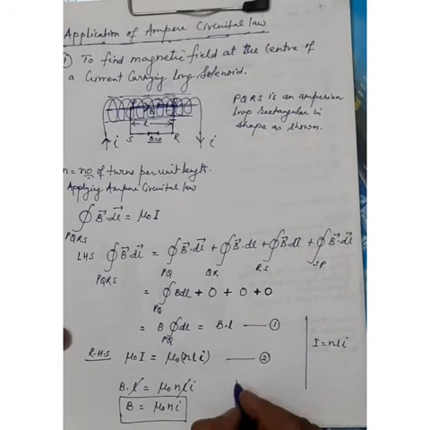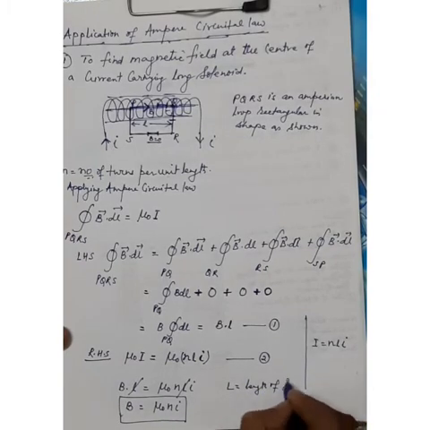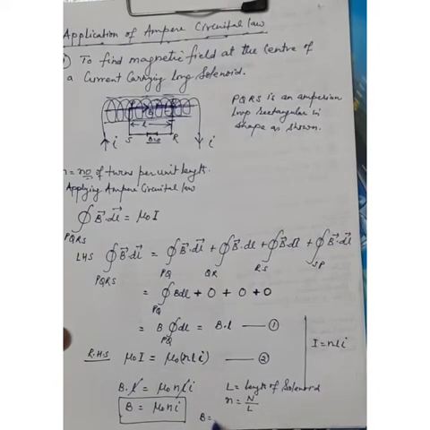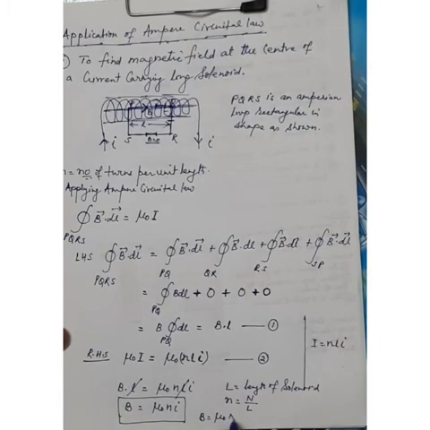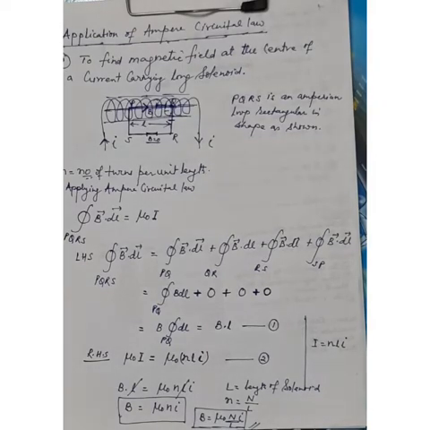And if capital L is the length of the solenoid, then small n can be written as total number of turns N upon L. So this expression can also be written as B is equal to mu naught N I upon L. This is the magnetic field due to a solenoid.